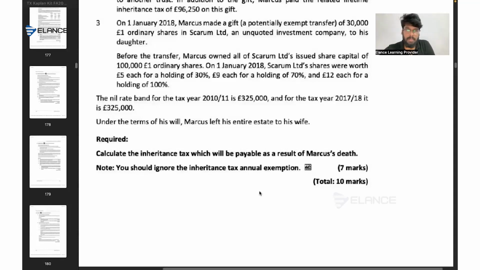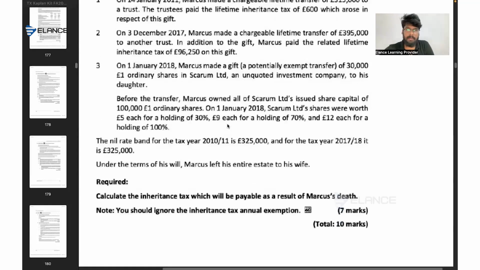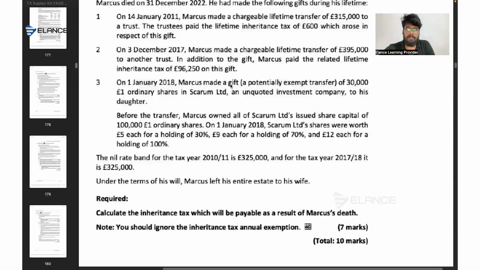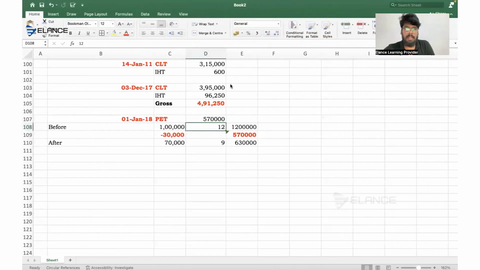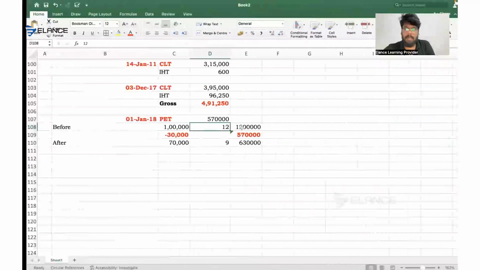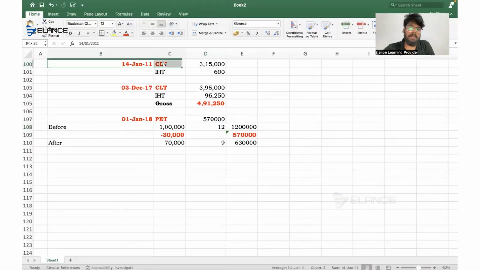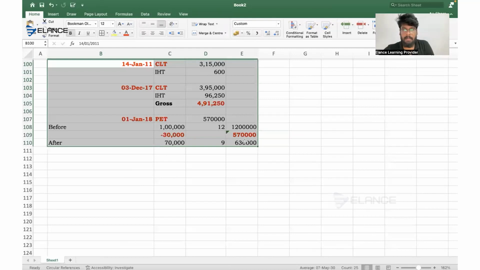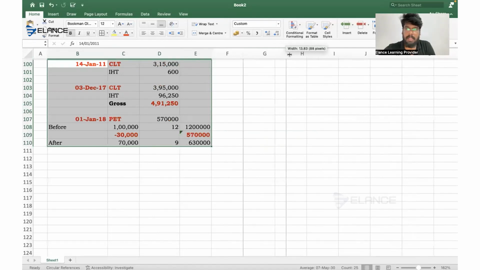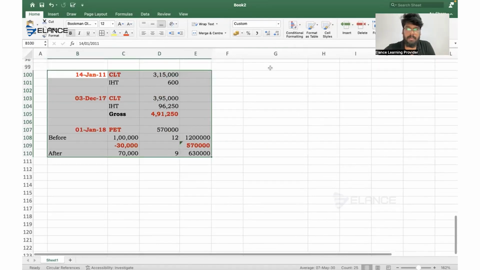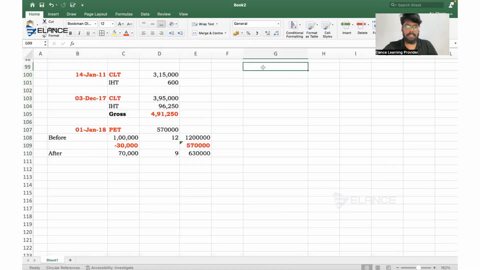If it is not stated, we can use the annual exemption. So the chargeable amount is 570,000. These are the lifetime transfers he had made. After making all these transfers, he died. Now let us find the additional tax liability on death.